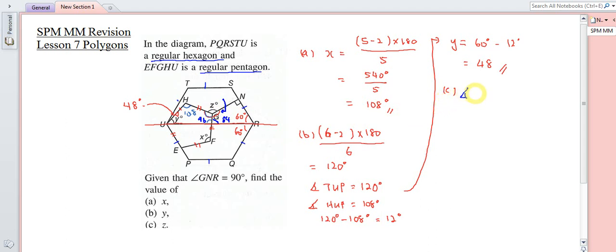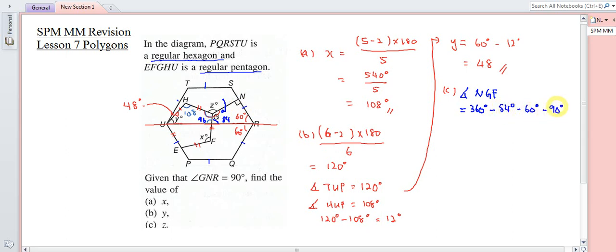Angle NGF is equal to 360 minus 84, 60, and 90 degrees. You get 126. So this angle is 126.